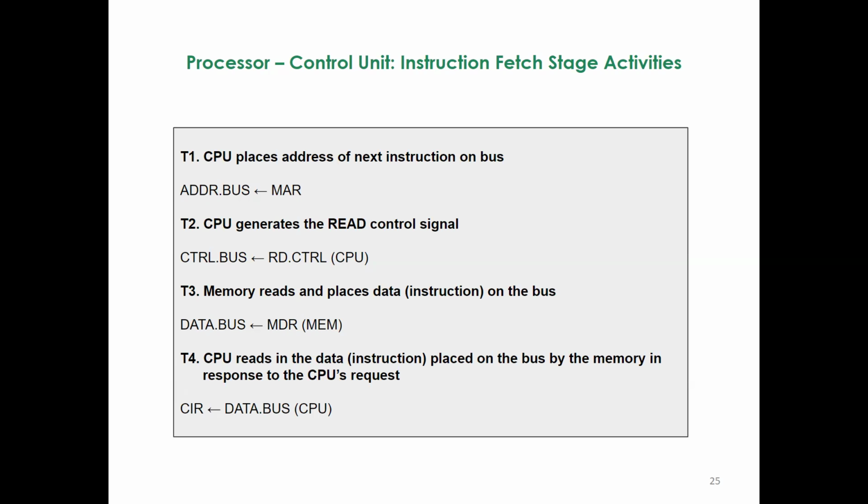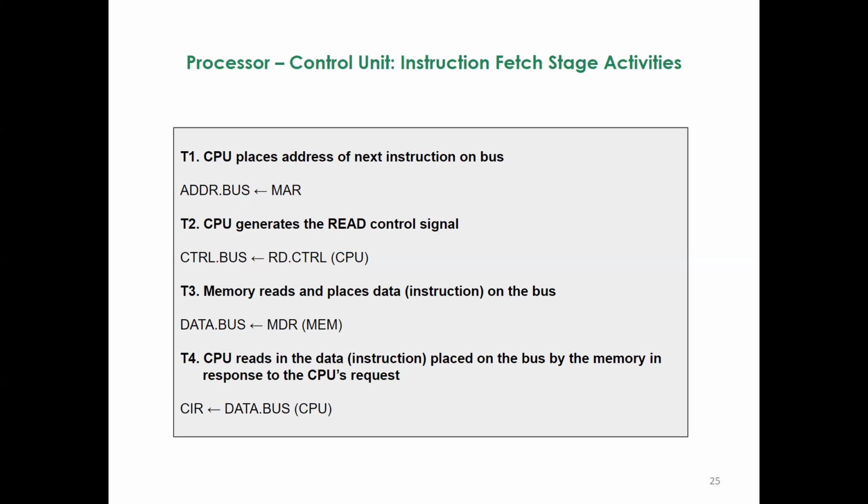So it will copy the value of the memory address register and put it on the address bus. And the address bus is connected between the CPU and the memory. And then it sends a control signal.